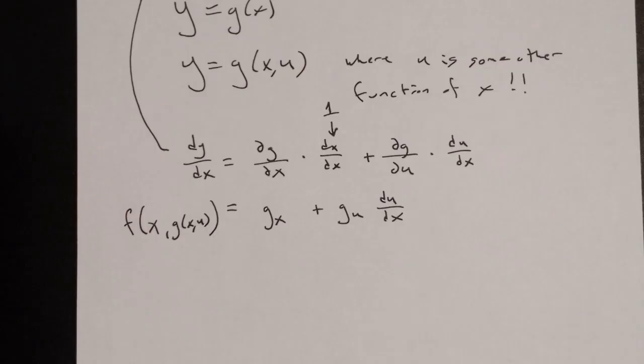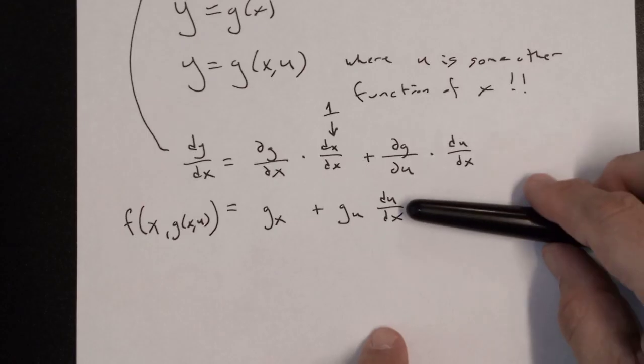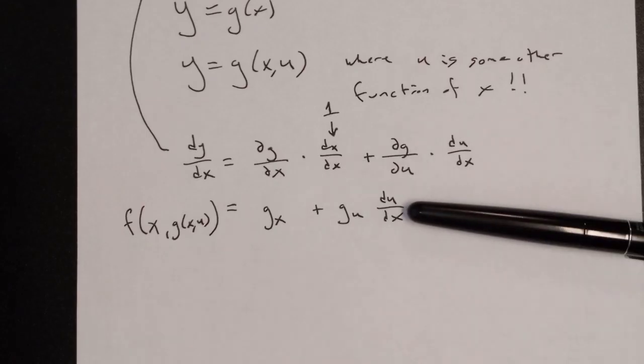But now I say to myself, what if I tried to solve for this derivative? Because you'll notice the only derivative in this equation now is du dx. If I can figure out a differential equation involving du dx, maybe I can solve that one. So I've turned my original equation about y into a new equation about u.